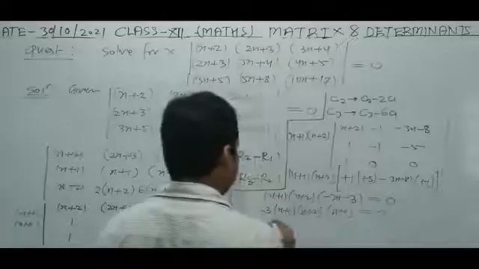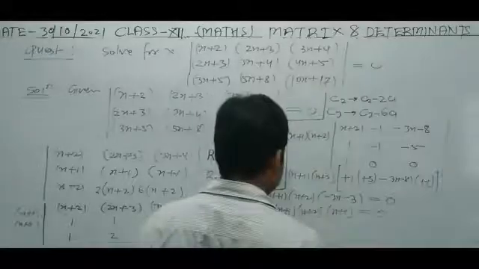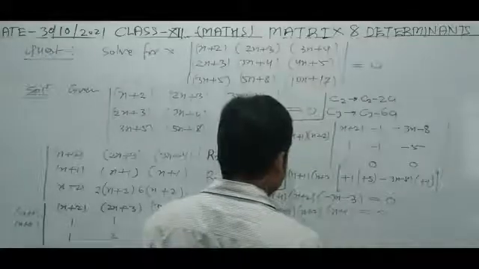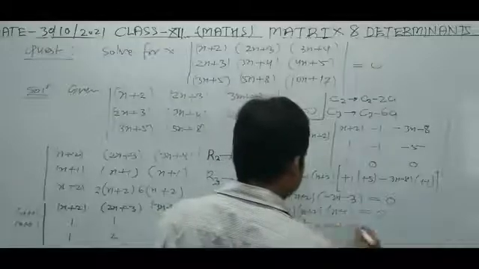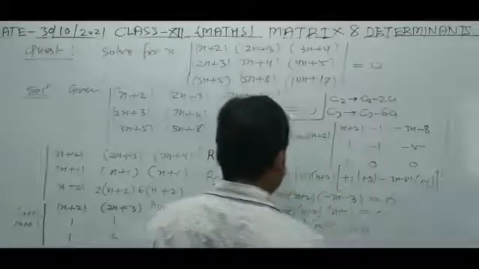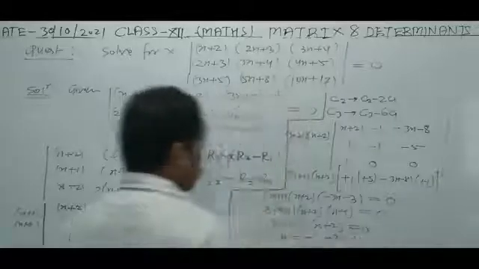Now minus 3 in bracket, this is x plus 1 whole square, this is x plus 2. Now when you equate, you will get the result minus 1 and minus 2.